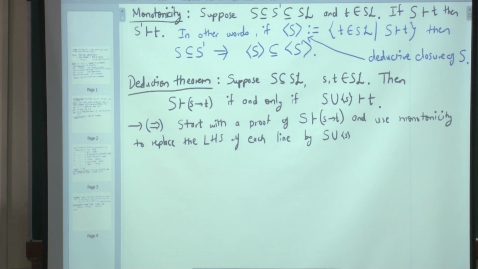Any problem here? I'm just adding one more hypothesis, little s, to obtain a proof of capital S union singleton small s proves s implies T.